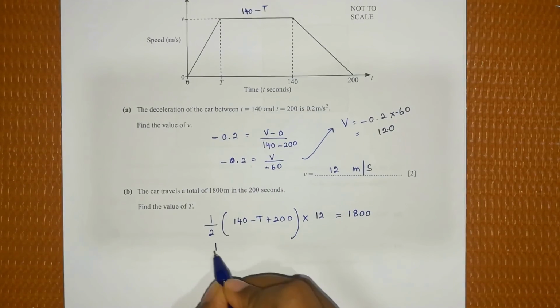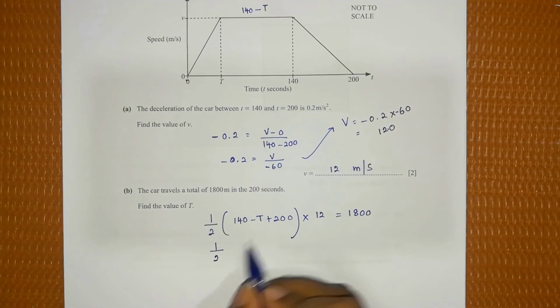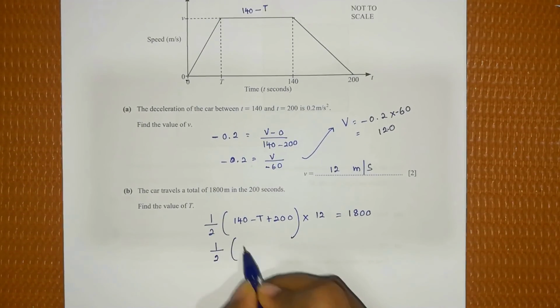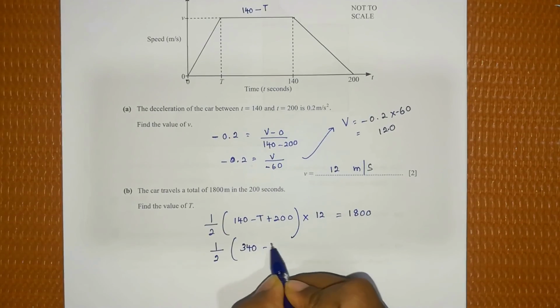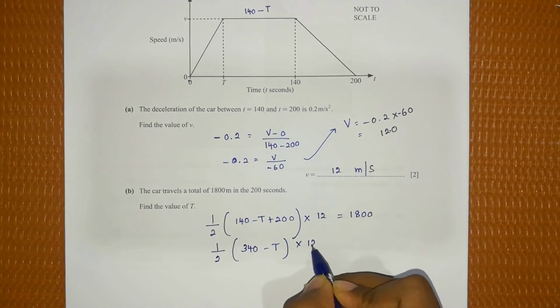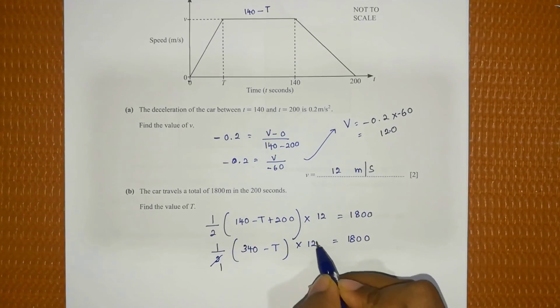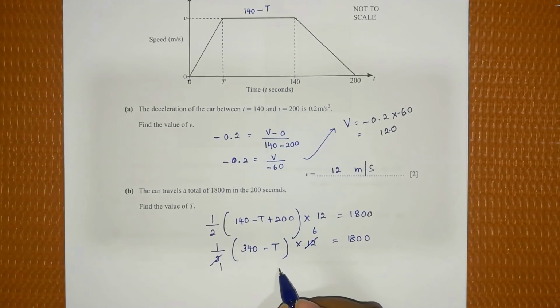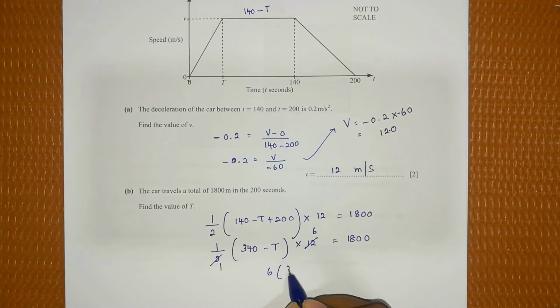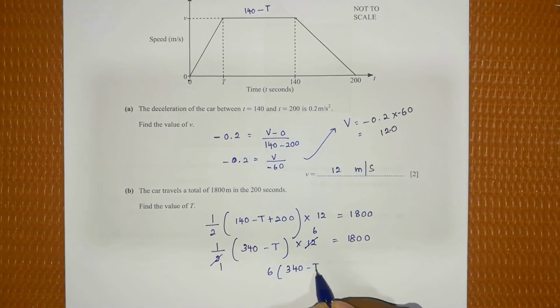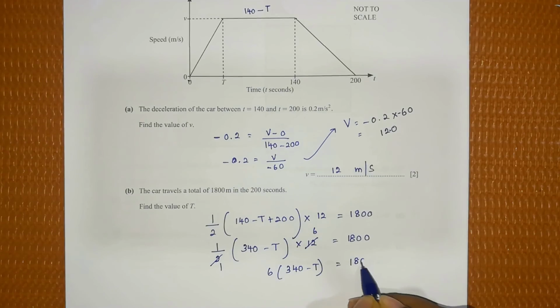Now we have to do a small simplification. 140 plus 200, it is 340 minus t, times 12, equals 1800. This 2 and 12 simplifies. So it's 6 times (340 minus t) equals 1800.